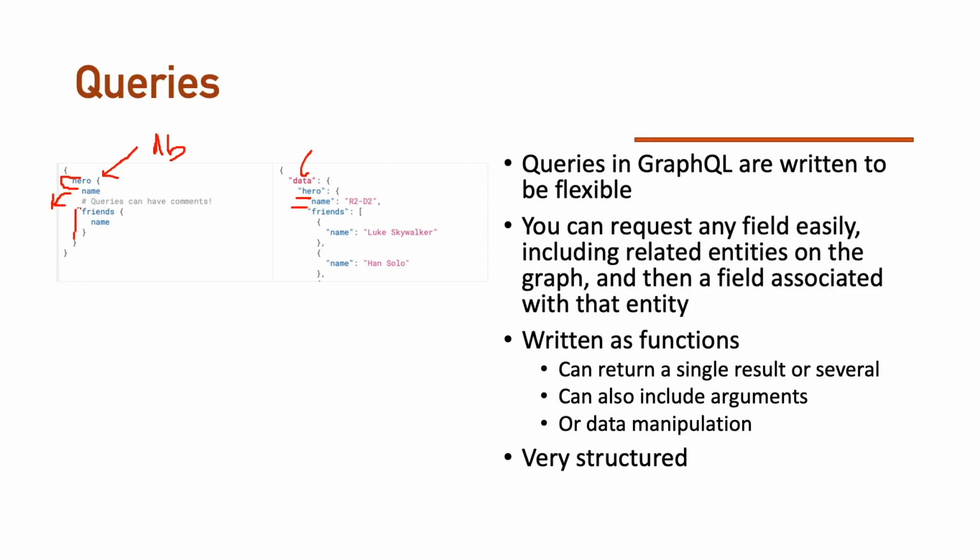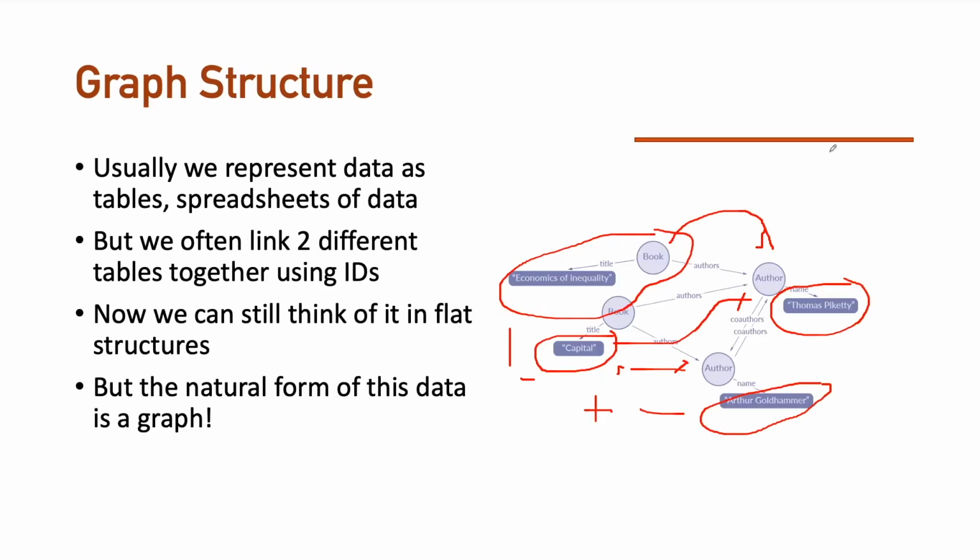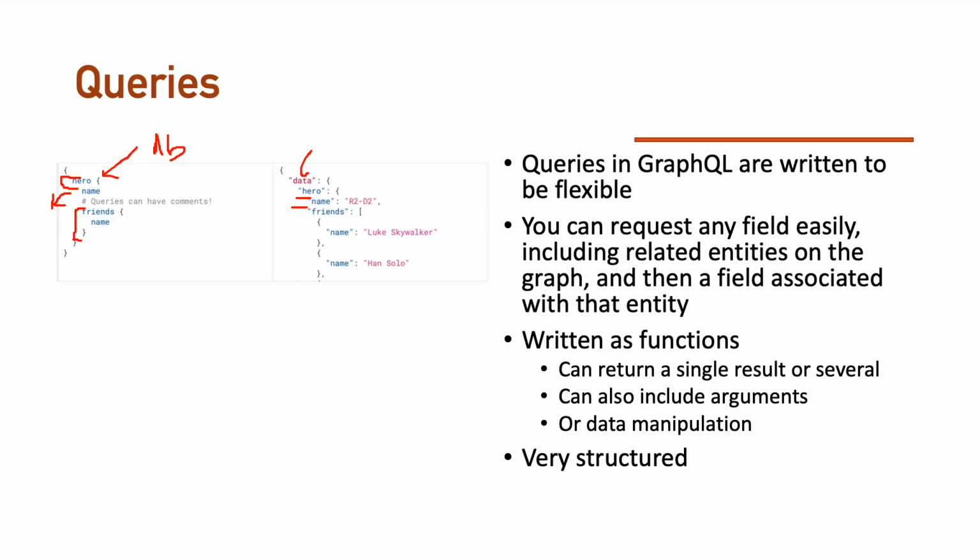And now, what is really interesting is that you can associate it with other entities. Now, you know how we're talking about the graph here, and we might look at this author, Thomas, and we might want to get from that the economics of inequality and capital. We want to do a kind of get both at once. We can do that here.